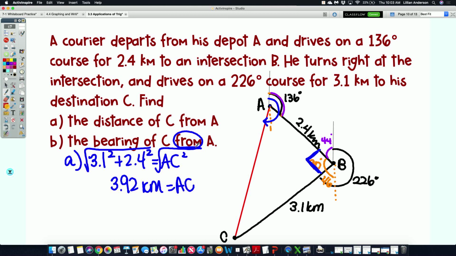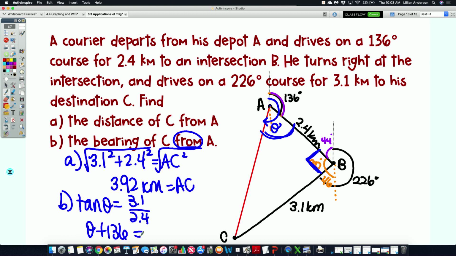Now we already know that part of it is 136, so if I can figure out this last little bit, then I just add it to 136. So then this would be tangent of theta equals 3.1 over 2.4, and then whatever theta is, you add it to 136 to get your bearing. Theta is 52. So then I add 52 to 136? Yes. When you find theta, you're finding this whole angle right here.